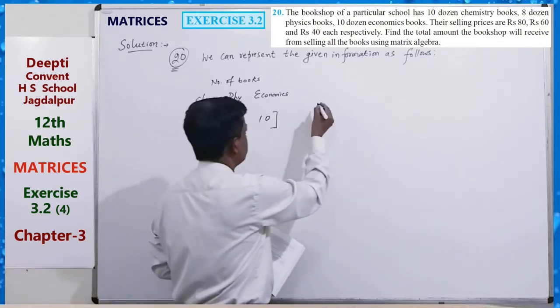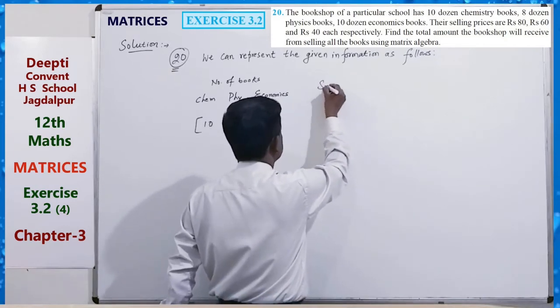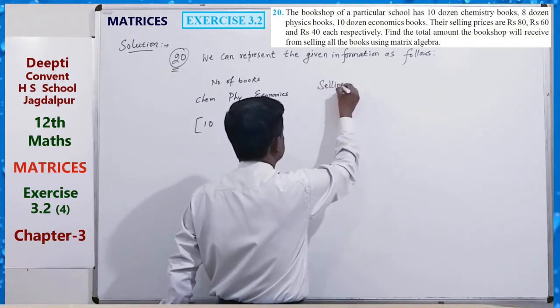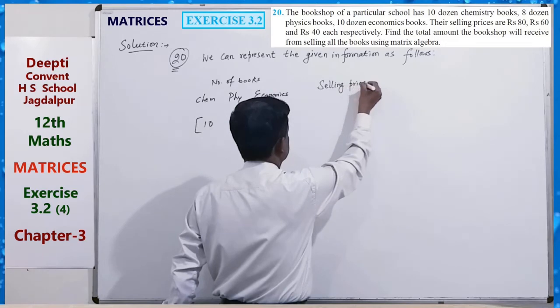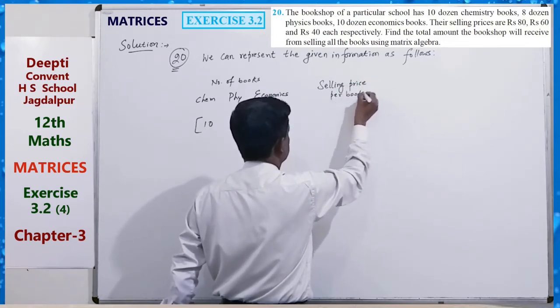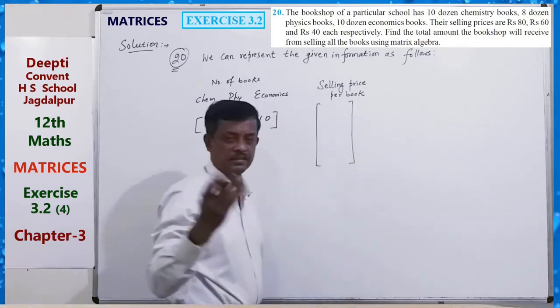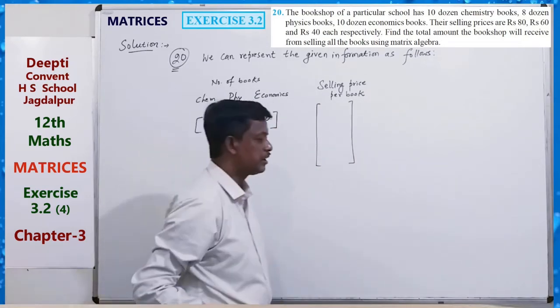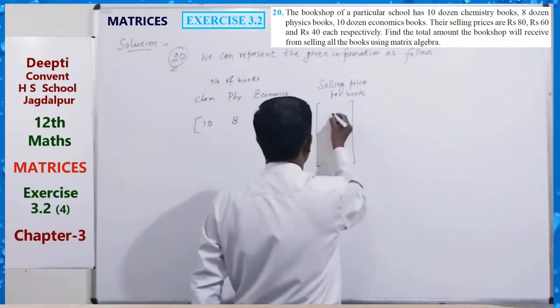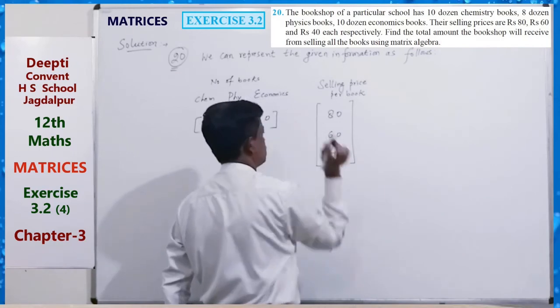And the selling price per book we write as a column matrix: 80, 60, 40. This is the multiplication.